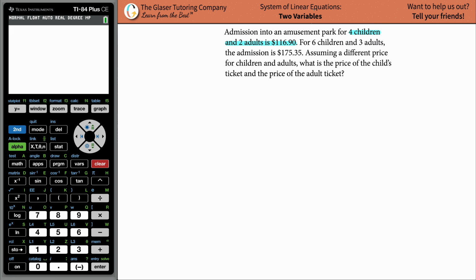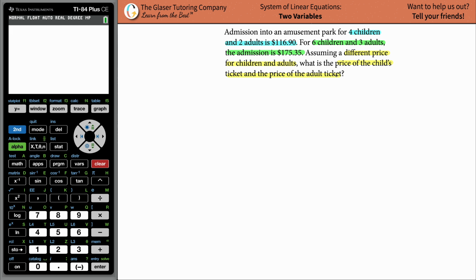But anyway, let's keep going. For 6 children and 3 adults, the admission is $175.35. Now it says, assuming a different price for children and adults, what is the price of the child's ticket and the price of an adult ticket?